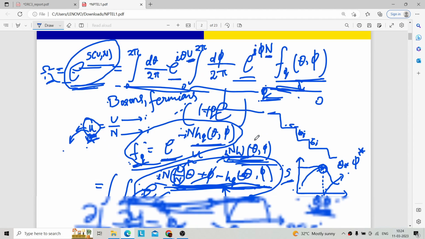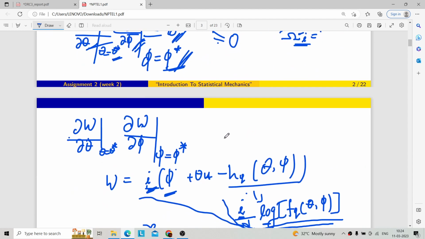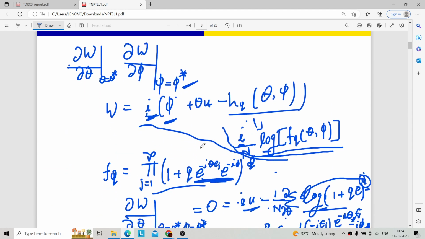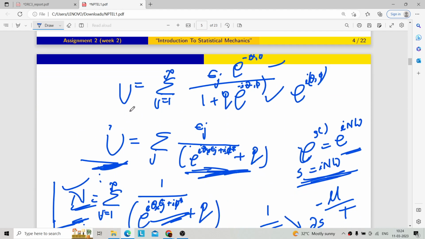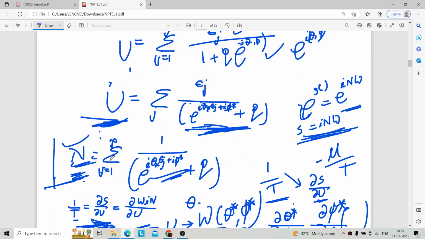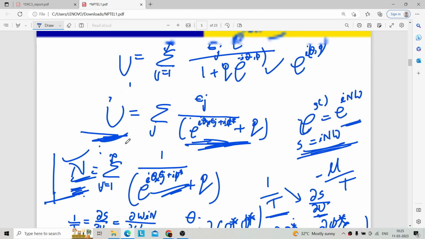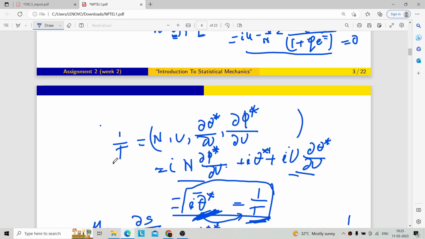Then we try to calculate the equilibrium point, that means saddle point. From that we got some relation for the total energy and total number of particles. So as we know the formula for temperature, we try to calculate it from the entropy.